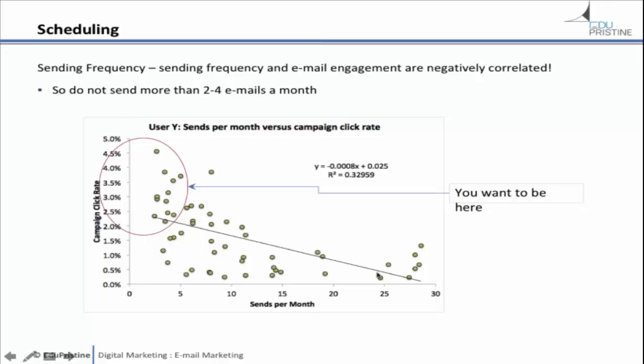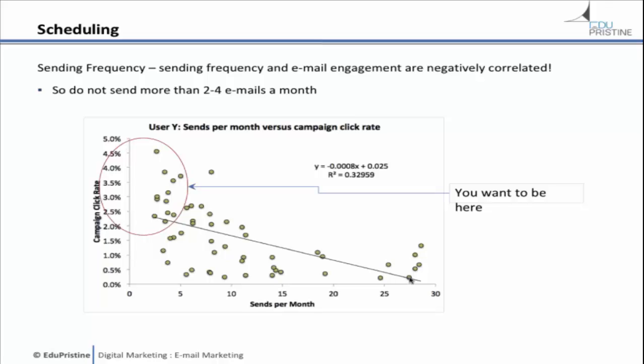Now, as you can see, say for example, there's a company doing 30 emails in a month, which means that every single day the person is getting an email, which might be very irritating, and he would not even read it, he would just throw it in trash. So do not send more than 2 or 4 emails a month.